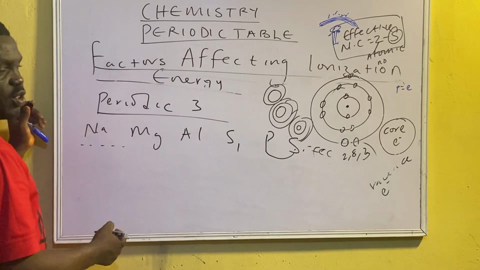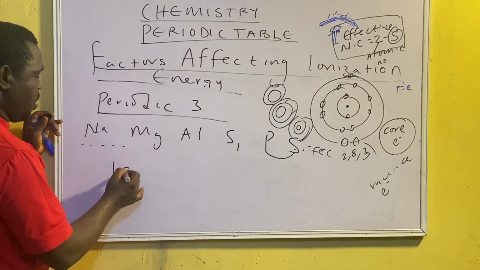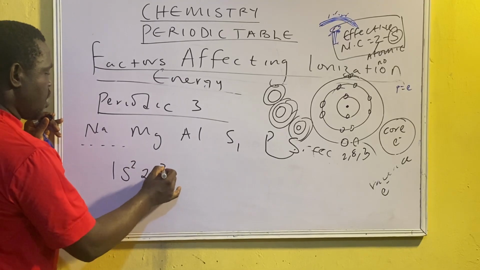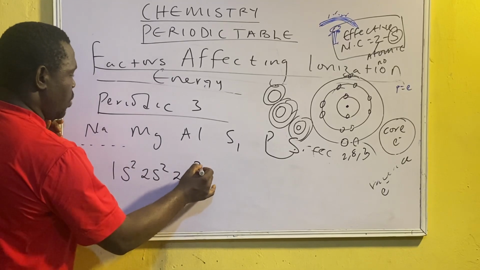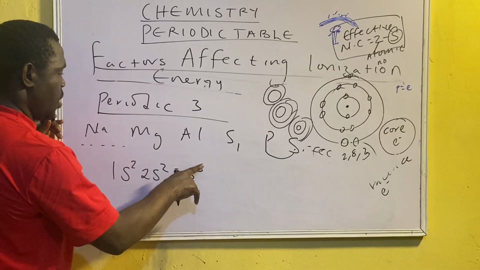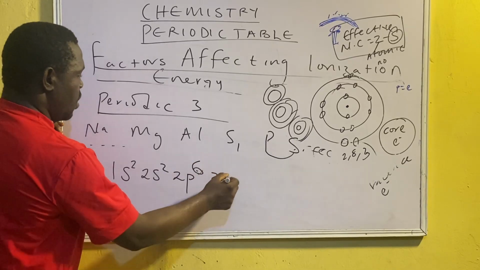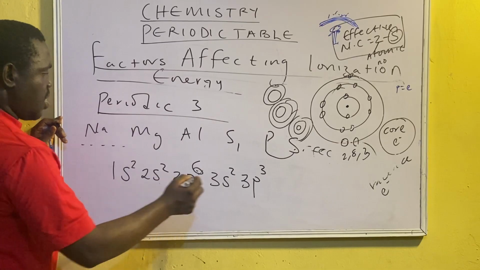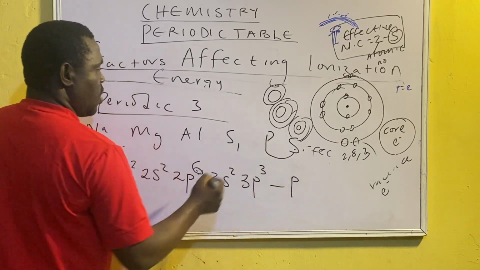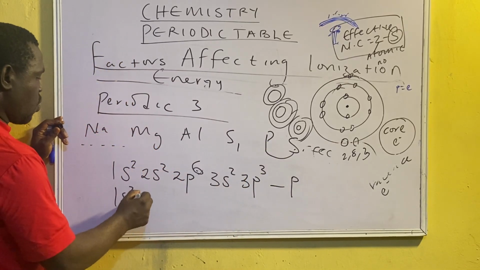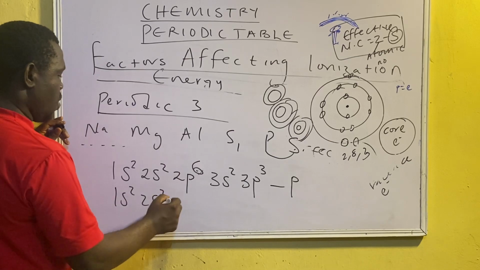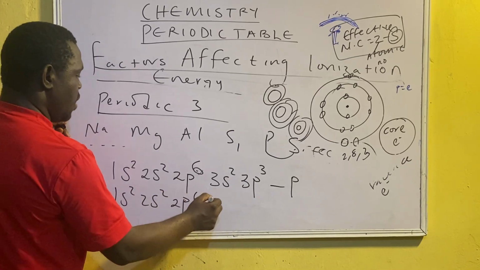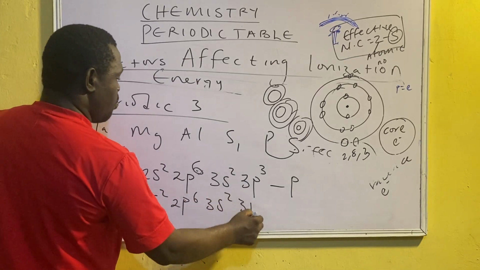Let's write the electronic configuration out. 1s2, 2s2, 2p6, 3s2, and 3p3. That is for phosphorus. Sulfur now: 1s2, 2s2, 2p6, 3s2, and 3p4.